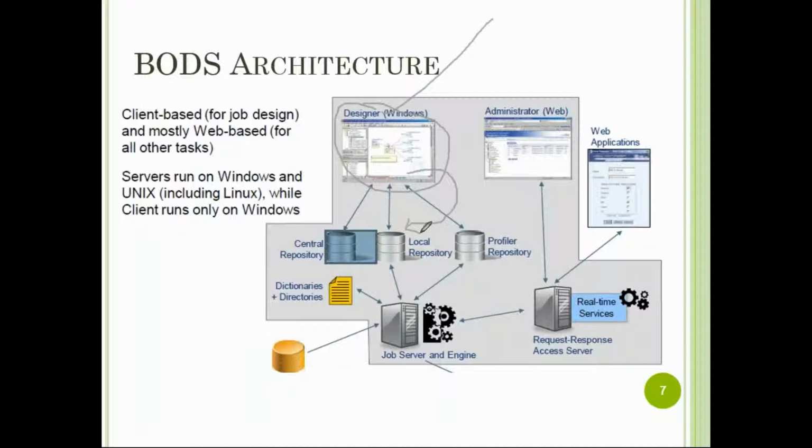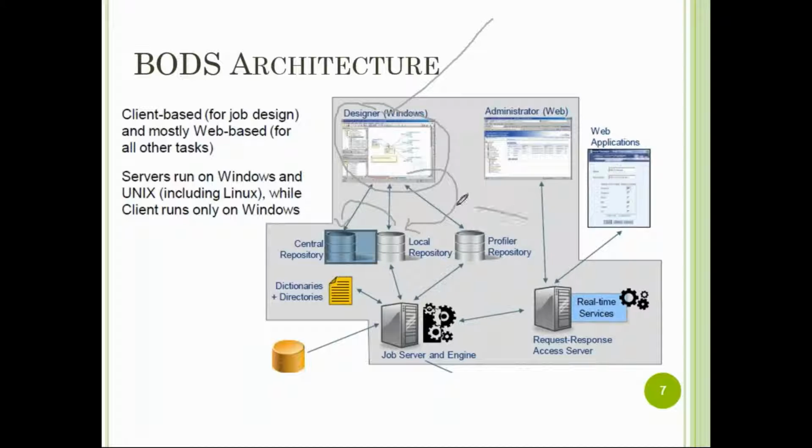Let us take an example. Two developers are in the project, and two people are working on BODS. Then our BODS application requires two local repositories, one for each developer. In order to share the code developed by the developers, we need a central repository.